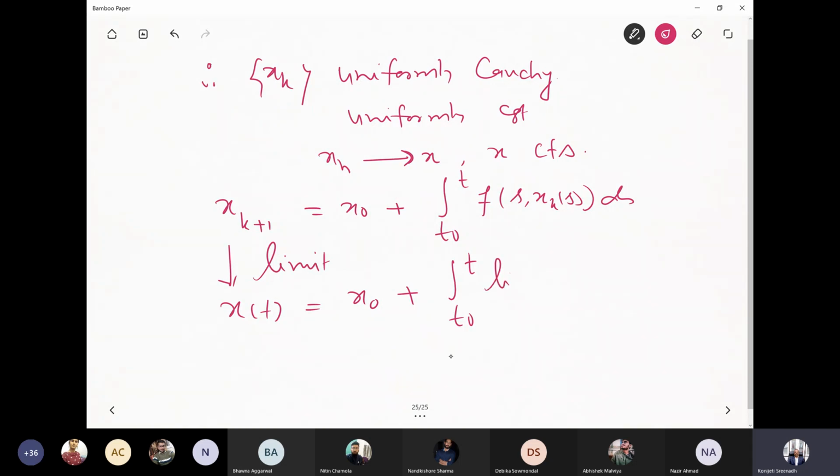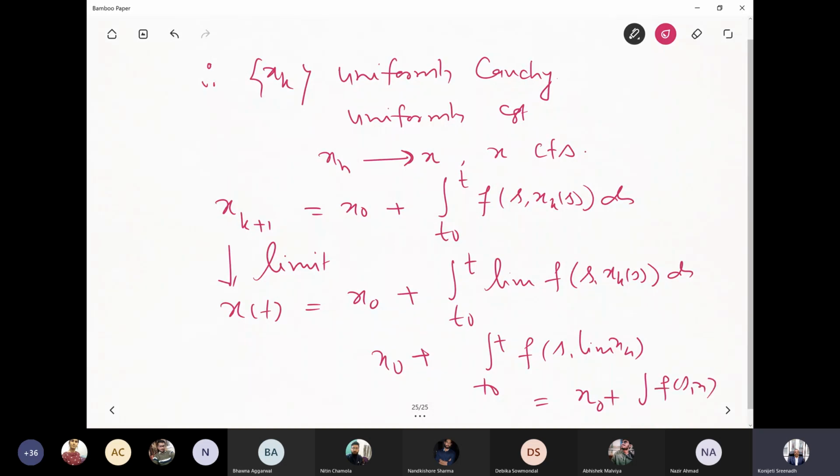But f is also a continuous function. Therefore, this limit also goes inside this f. So f of s times the limit of xk, which is x naught plus the integral of f of s comma x. So that becomes your solution.